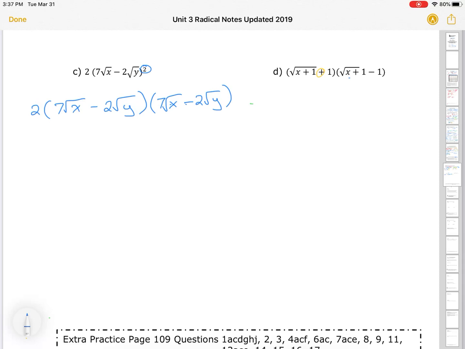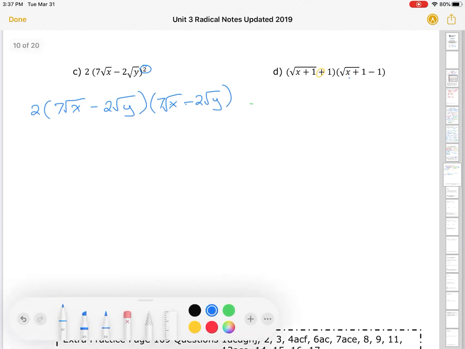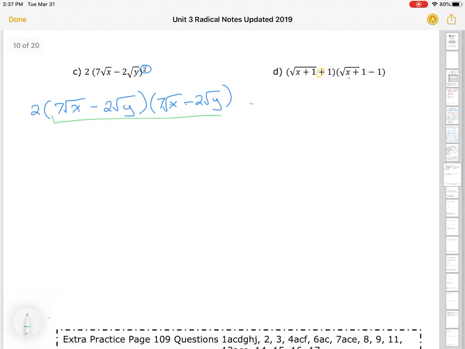Now, these are not conjugates. It's a square. So you can't use the shortcut that we did before. My advice is to FOIL it first. So FOIL these first, and then once you FOIL, then you can distribute the two. So I'd like you to, in a moment, pause the recording, try it yourself, and then come back and see how you did. Okay, so pause now.